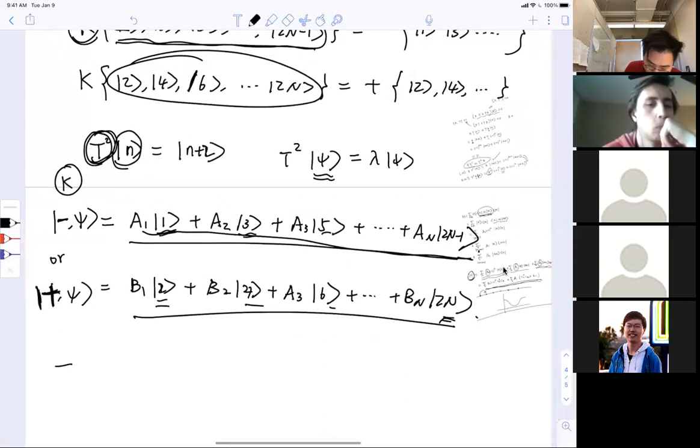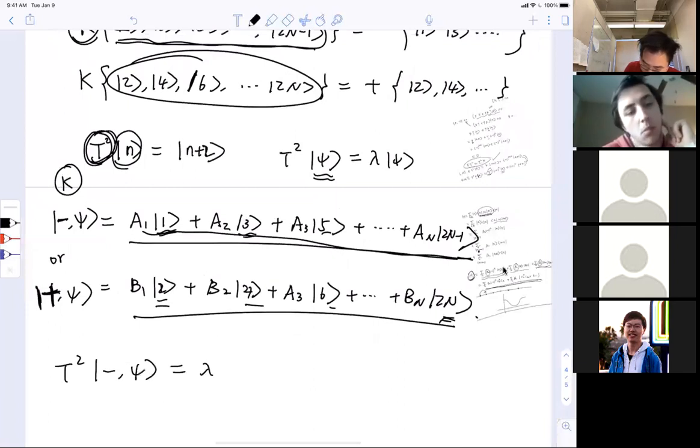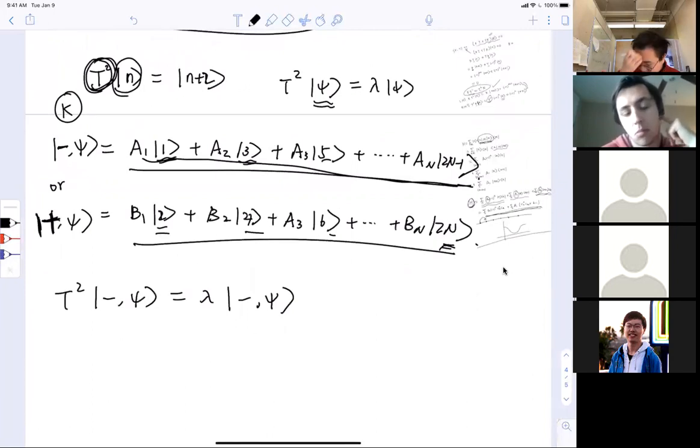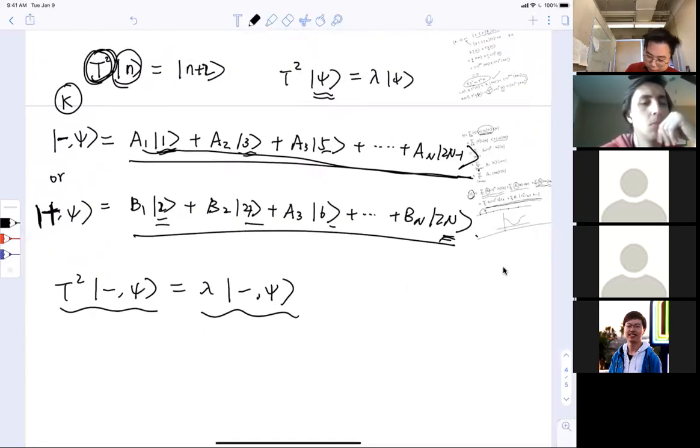Now to make sure t squared acting on this guy gives us this, you just need to write down the left-hand side and the right-hand side and make them equal. You get a condition and you solve it. That's it. So let's do it for the minus side and see what will happen.